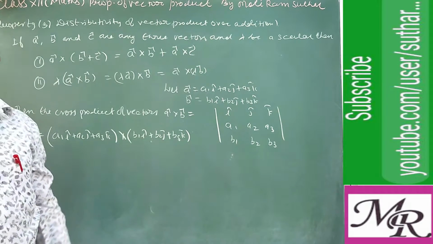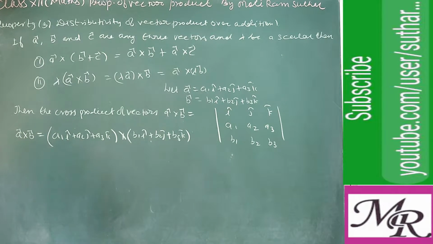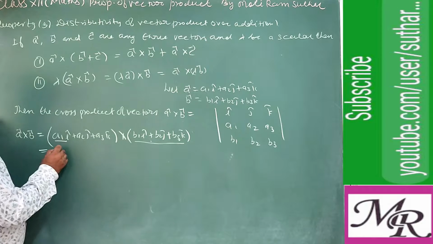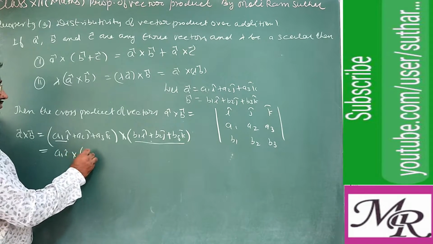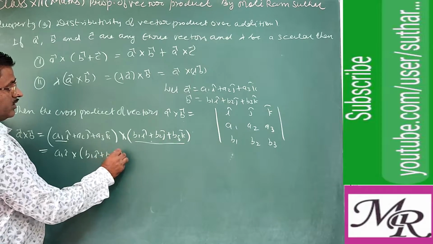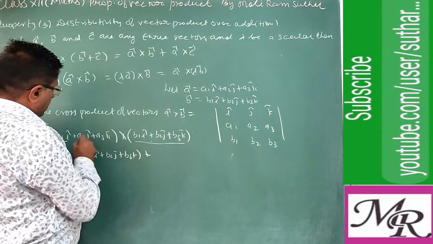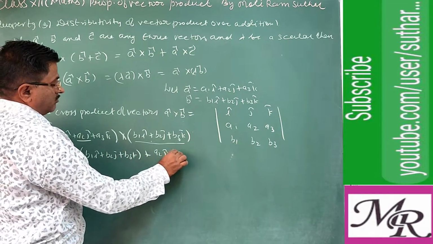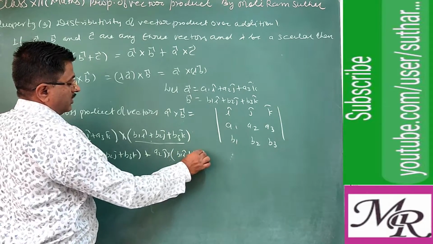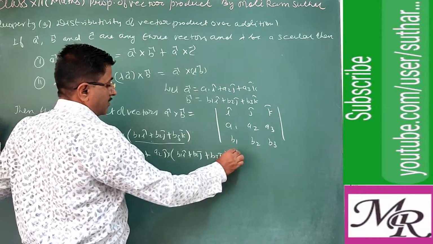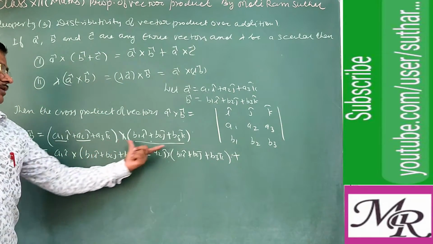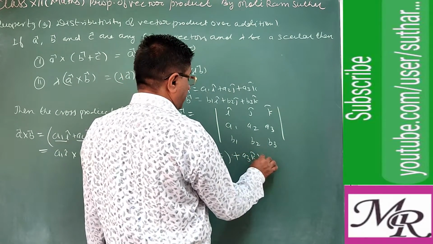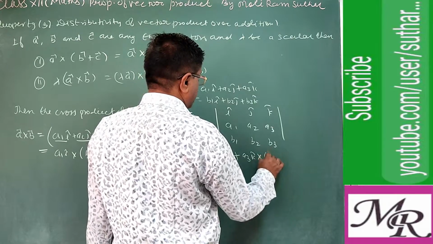So when you find the cross product, as usual, A1 i multiplies with this whole, so A1 i cross (B1 i plus B2 j plus B3 k). Similarly, second, A2 j cross (B1 i plus B2 j plus B3 k). Then third, A3 k cross this whole. This uses the distributive property of the vector product over addition.